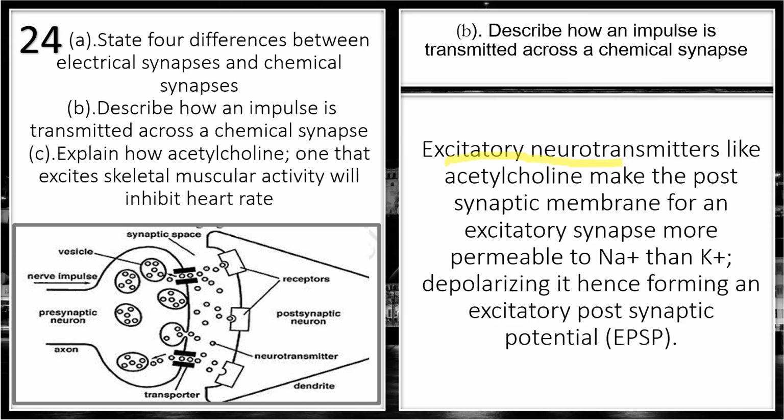Excitatory neurotransmitters like acetylcholine make the postsynaptic membrane for an excitatory synapse more permeable to sodium ions than potassium ions, depolarizing it, hence forming an excitatory postsynaptic potential.